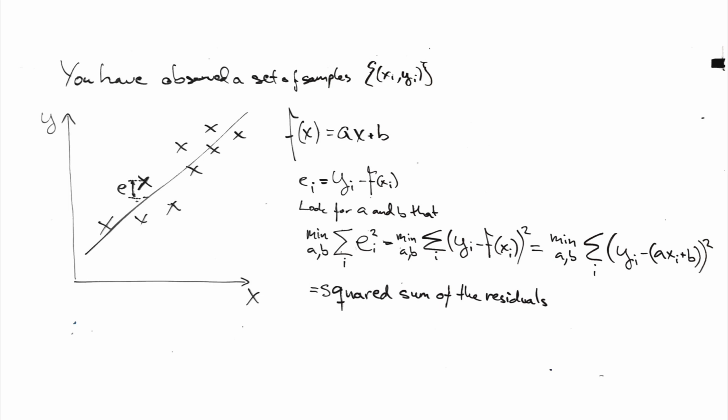From the data itself, we can fit the model by selecting A and B in such a way that they minimize the squared sum of the residuals, that is the E's squared. And this will give us as good a fit as possible, much like the line here that we have drawn in the diagram to the left.